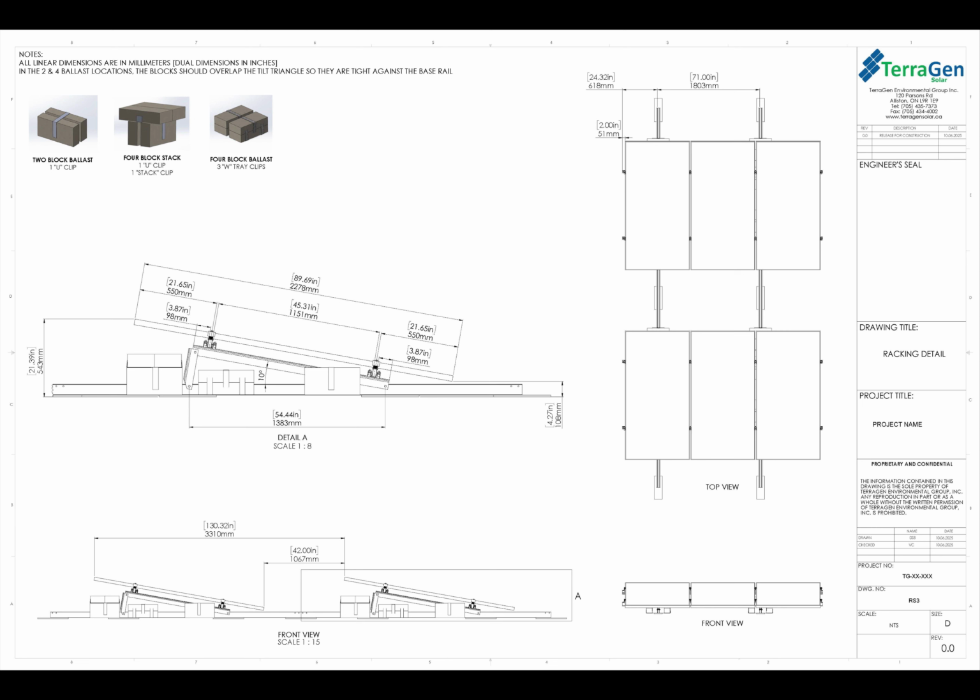A good tip that you can do when installing your top rails on site is creating a jig to that dimension. So in this case, you'll cut a piece of wood to 98 millimeters and you can place this jig on your tilt assemblies and mark off with a paint marker where those top rails need to sit.